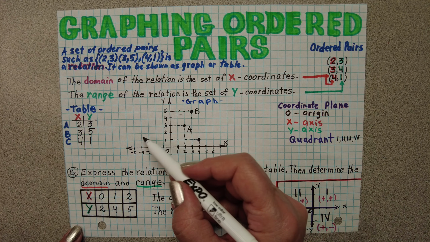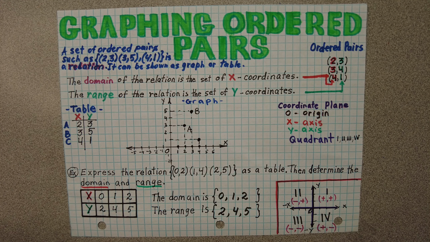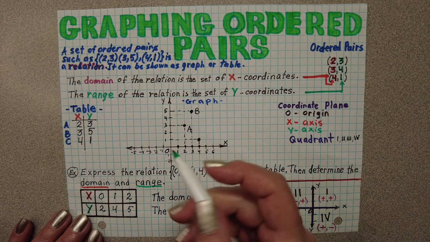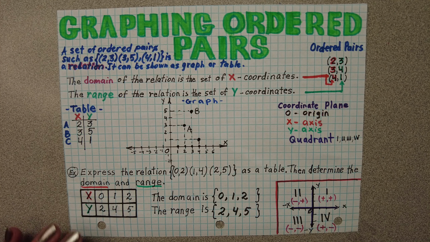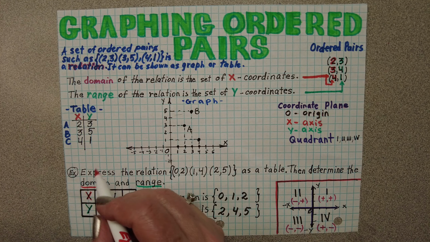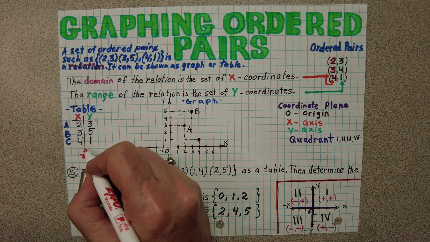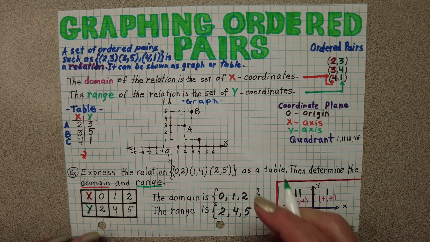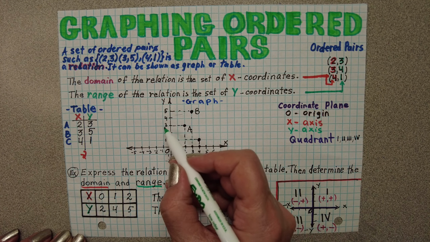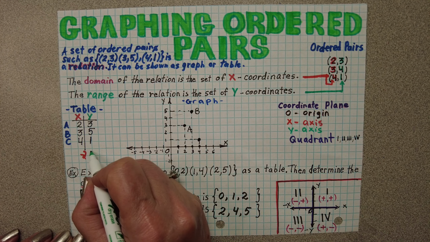Let's do one more for negative side. Let's say we have our domain, our x, is -2, and our range, our y, is 3.